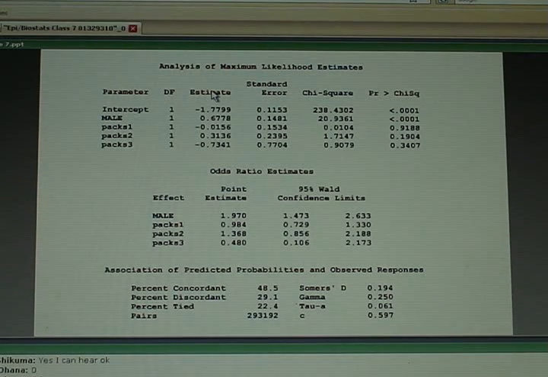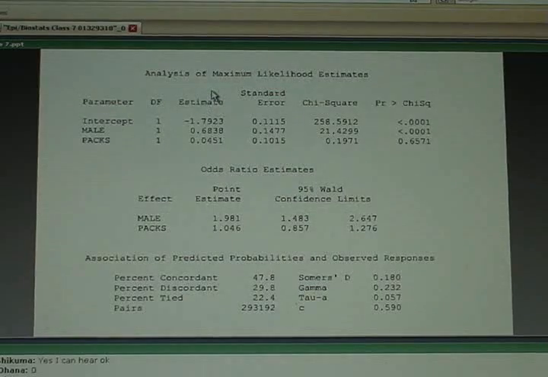The adjusted coefficient of sex becomes an odds ratio of 1.97, meaning that controlling for smoking as a categorical variable, this model says males have 1.97 odds of getting disease compared to females. But another way I could do it is I could control for smoking as a single variable, Pax.